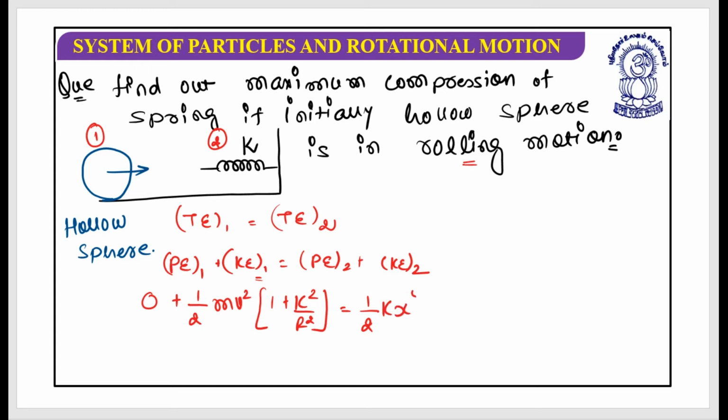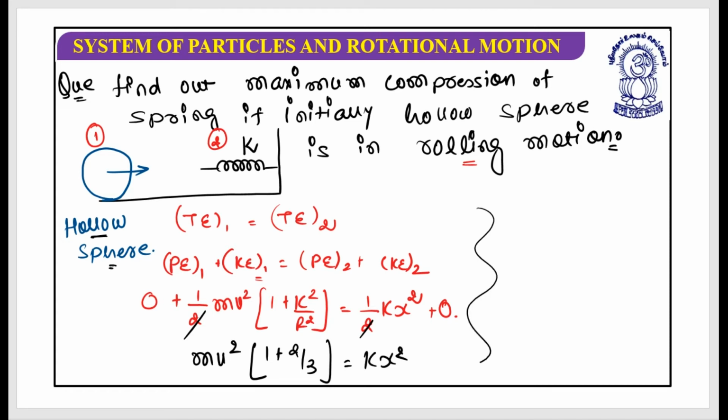This x is the maximum compression of the spring. It is half kx square plus kinetic energy, but here it will be at rest, so the kinetic energy is zero. So the halves cancel, and this is mv square into bracket 1 plus 2 by 3 for the hollow sphere, which equals k into x square.